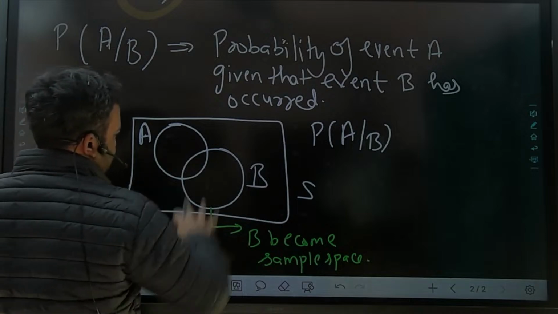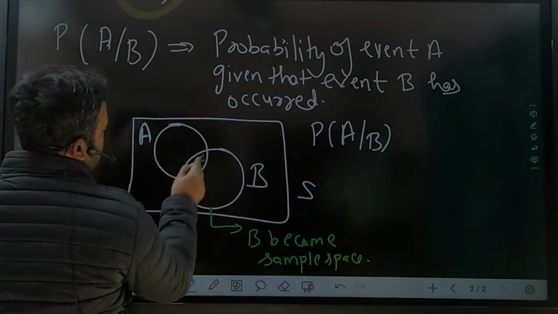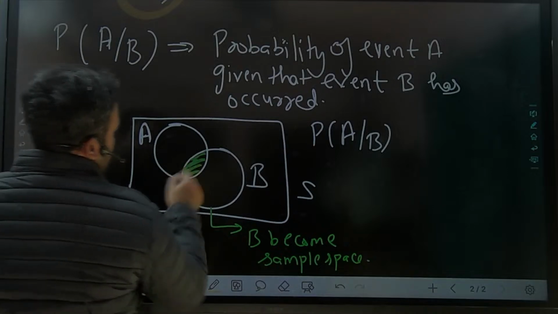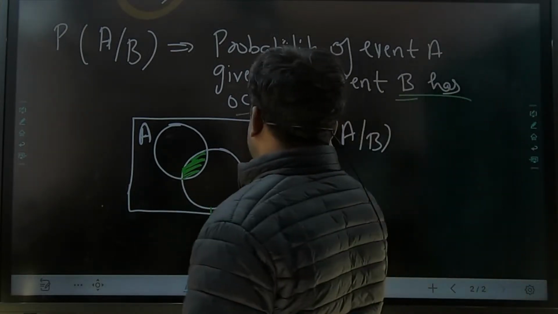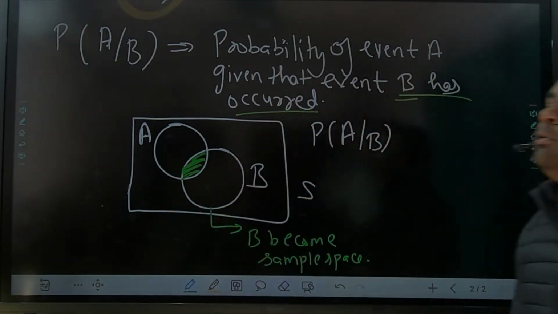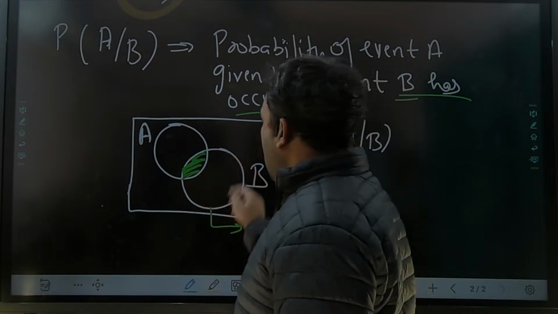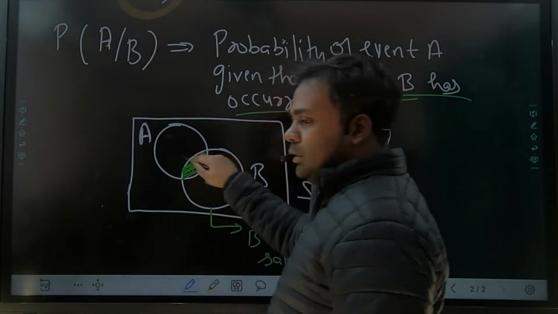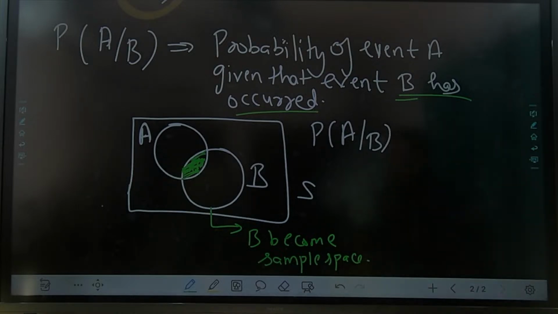From B, how much of A is happening? This much only, A intersection B only. If B becomes a new sample space, since B has occurred, B becomes the sample space to check the favorable event of A. Out of B, I can see only this A part is common. So this green portion is the favorable part, the probability of A when B has occurred.